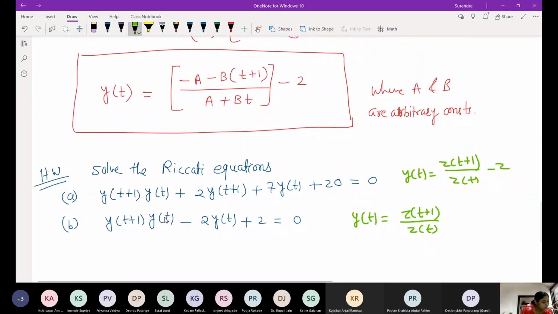This is exercise 3.96, page number 119. Third also you can take, 3.97.